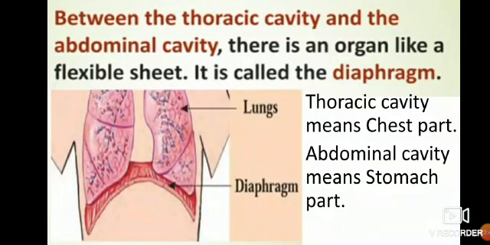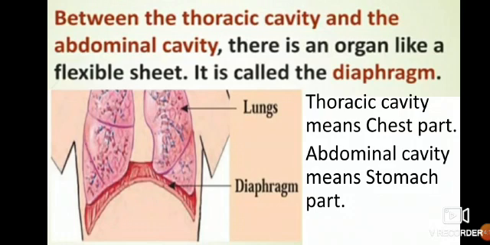So thoracic cavity means our chest and abdominal cavity means stomach. So between thoracic and abdominal, that is chest part and the stomach part, there is one small organ which is a flexible sheet. It is flexible. So it is known as diaphragm.